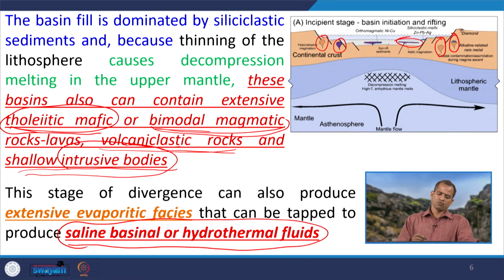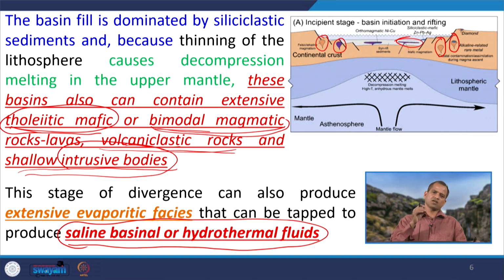So, when we are talking about this initial stage of basin development, when a lacustrine environment was prevailing, it is possible, depending upon the environmental conditions, that evaporation is more than sedimentation. So, here evaporite deposits may be present.